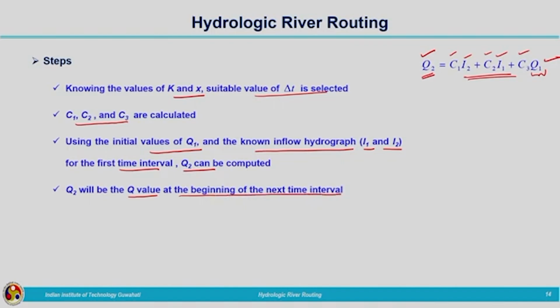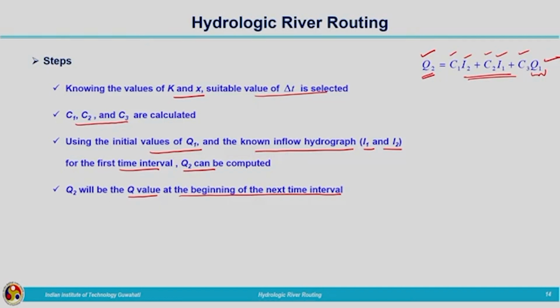So, first what we are doing is the discharge value Q at the end of the time step, which is unknown, is calculated from the known inflow value and the initial condition. Once that is determined, we get the Q2 value, that is the discharge value at the end of that particular time step. Now, we can move on to the next time step.